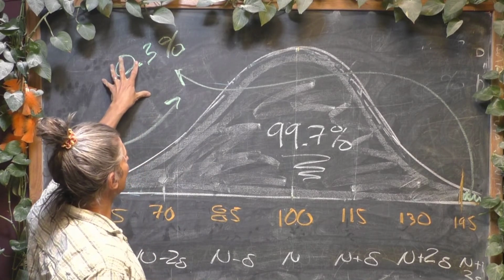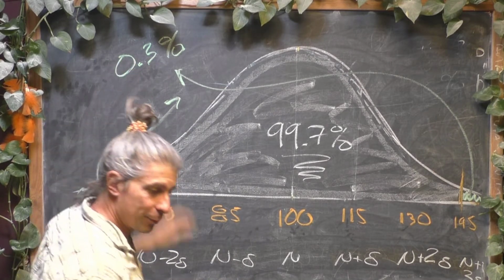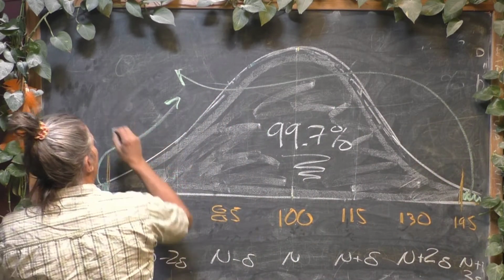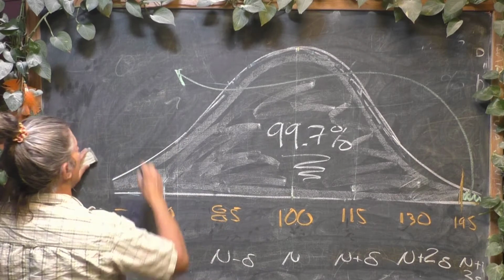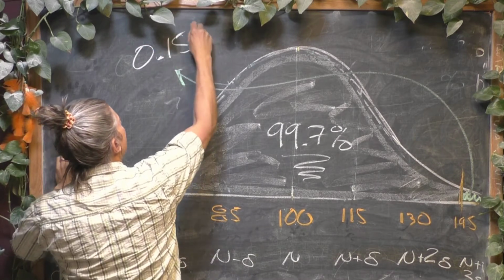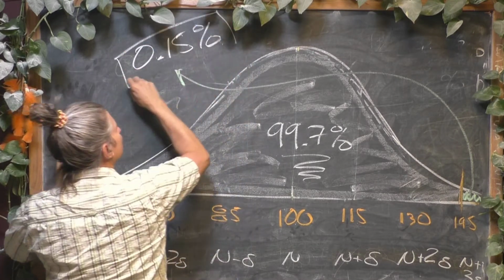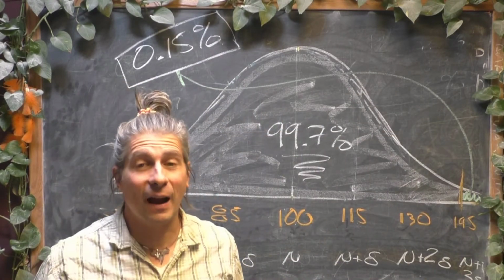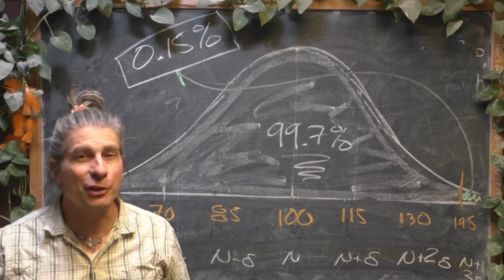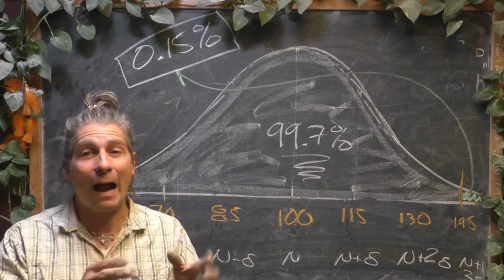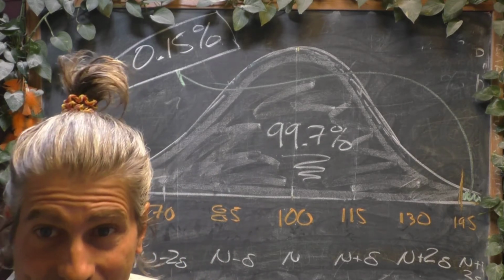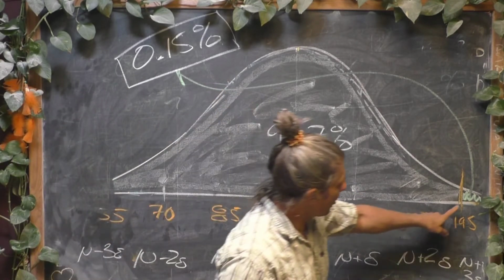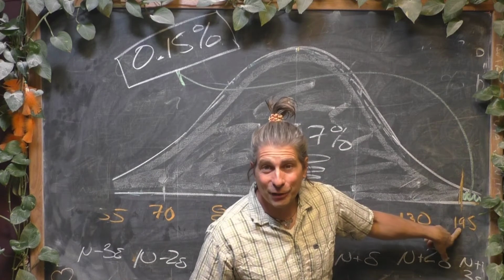So this is total. So above 3 standard deviations is going to be half of that. Take this one off, and it's just 0.15%. Which, again, would be 1.5 out of 1,000, or probably easier to think about, 15 out of 10,000. That would be the prevalence of those. So out of every 10,000 people, 15 of them are going to have IQs above 145.